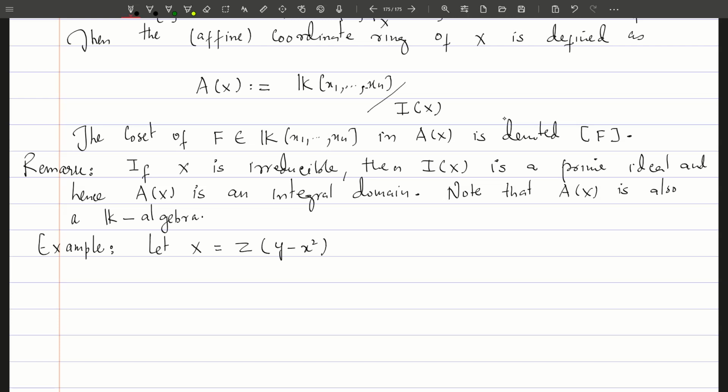Obviously this is a subset of the affine 2-space.